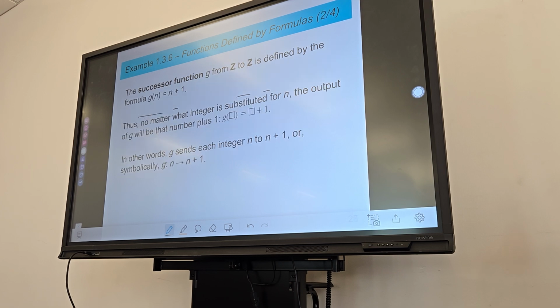The successor function, also known as increment, for integers, is g of n equals n plus 1. Just add one to it. Since Z is an infinite set, you can always add 1 to it. So it is a function.